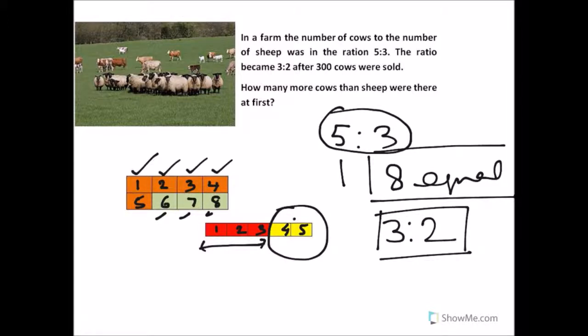All we know is that the total number of cows and sheep in the farm were initially divided into 8 parts and then into 5 parts.